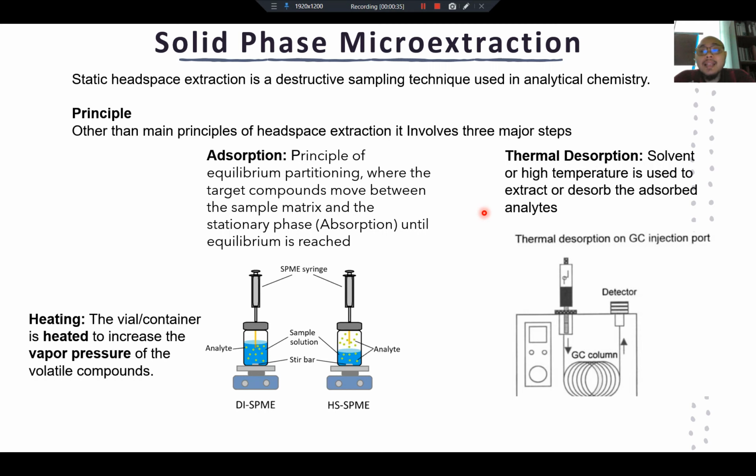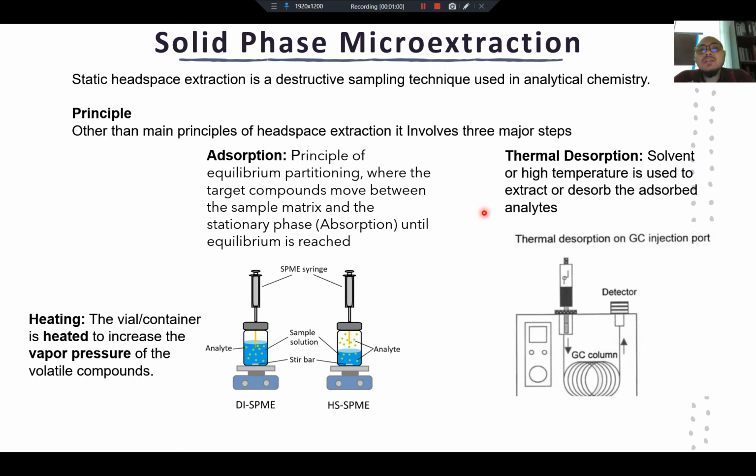And then you have the static headspace extraction. The problem with the static headspace extraction is that the analytes will not get pre-concentrated, so the sensitivity of the analysis will get reduced. Then we have the dynamic headspace extraction. Although it can increase the sensitivity of the analysis, the problem is that it will disrupt your sample.